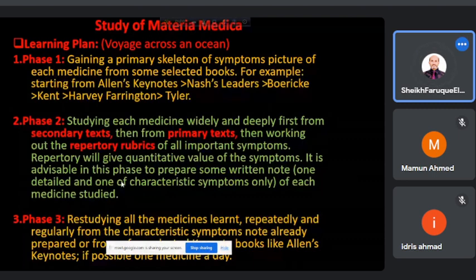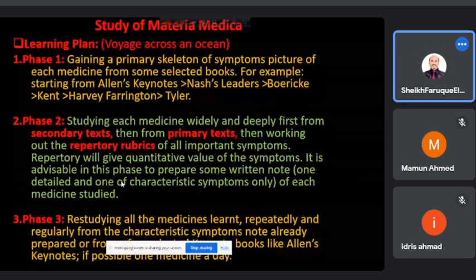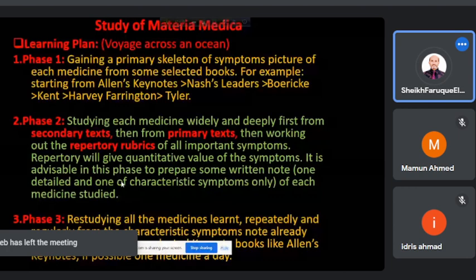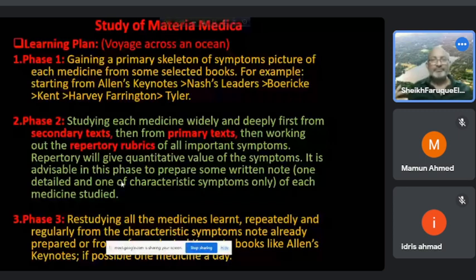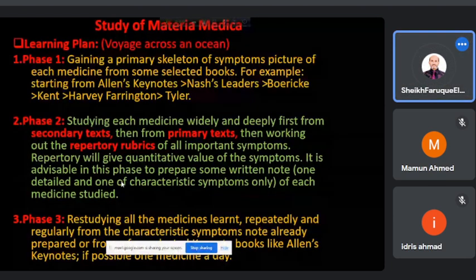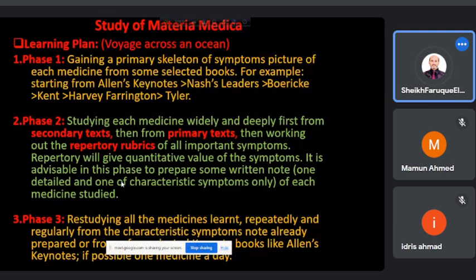Then what to do? They said, first you try to take a skeleton idea of the remedy. You want to learn pulsatilla, okay? You should learn what is the constitution of pulsatilla, what they want, what is their relation with air, heat, cold, their thirst, and their emotions, their other symptoms like stomach symptoms, genital symptoms for female and male.